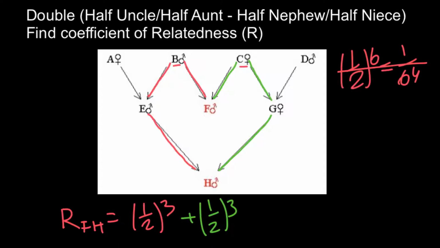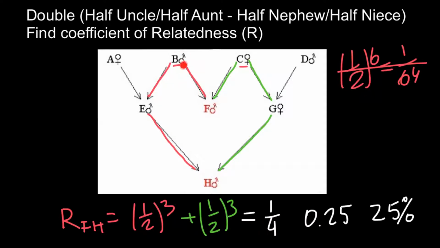So 1/2 in the power of 3 going to be 1/8 plus 1/8, and we are going to get 1/4, or we also can say 0.25, or we can say that these two individuals would share 25% of the genes that they got from common ancestors.